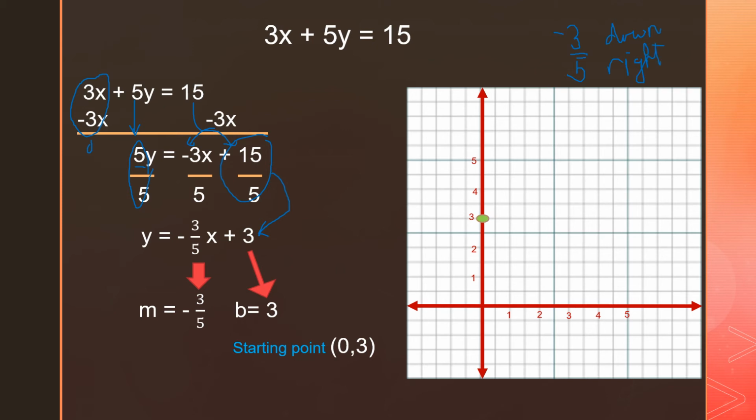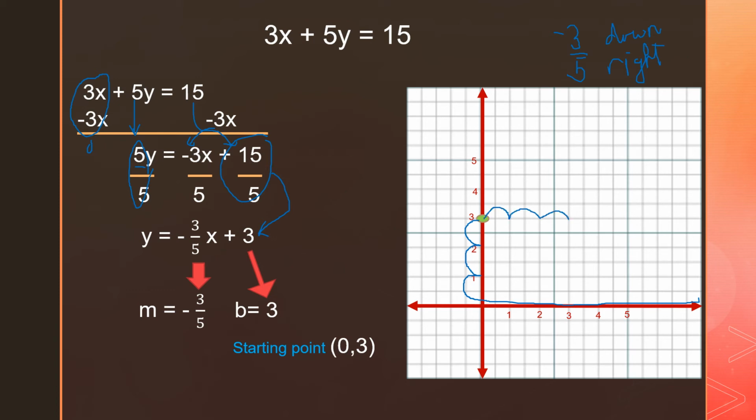Because negative 3 is negative, 3 is negative and 5 is positive. So from 3, we have to go down 3 times. And then from this point again, we have to go to the right 5 times.